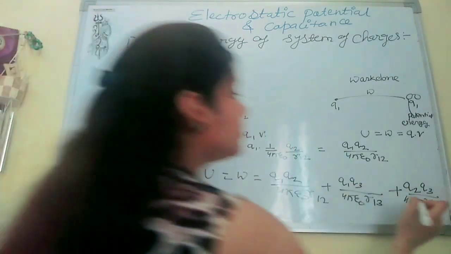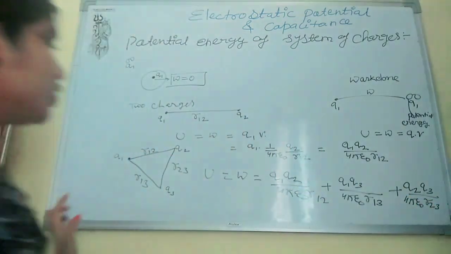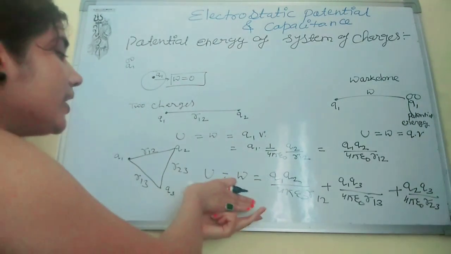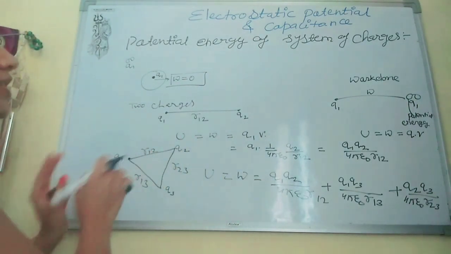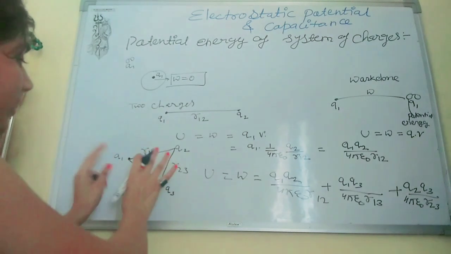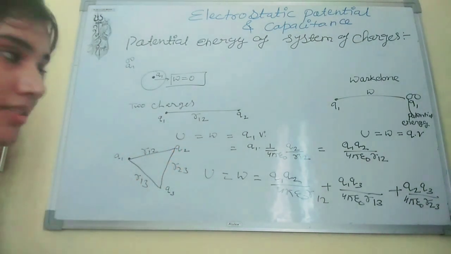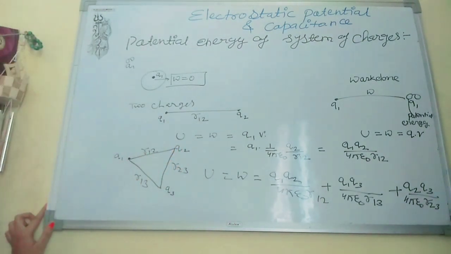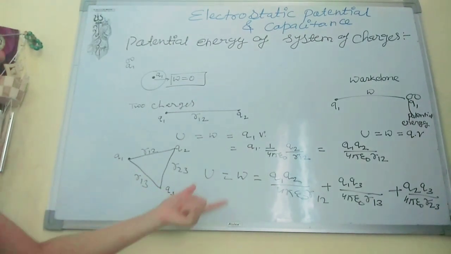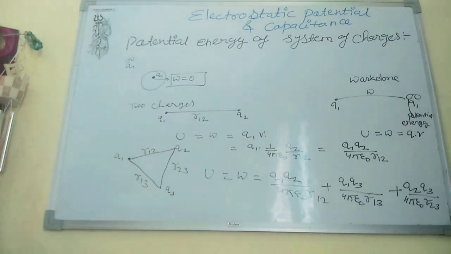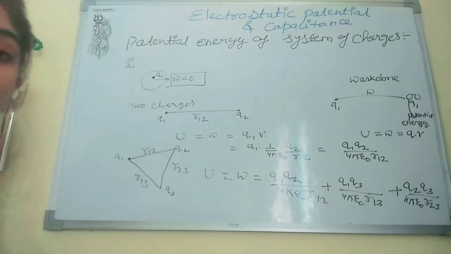The distance is R23. So this is the potential energy because of a system of charges, where three charges are placed here.